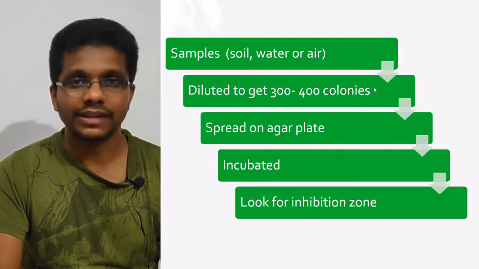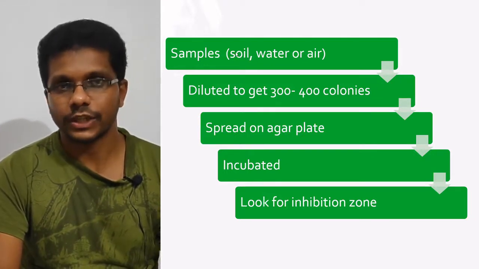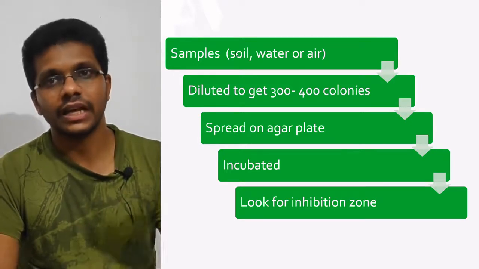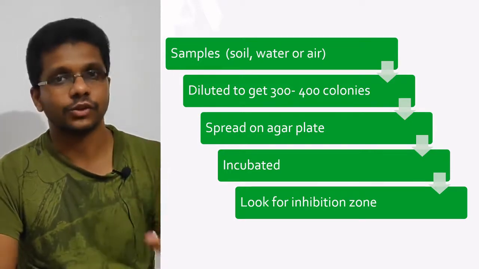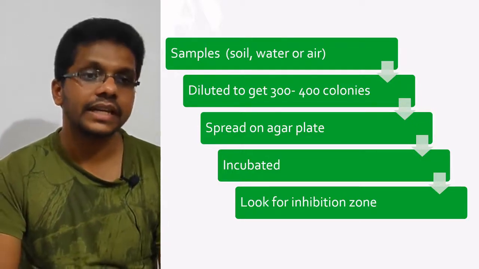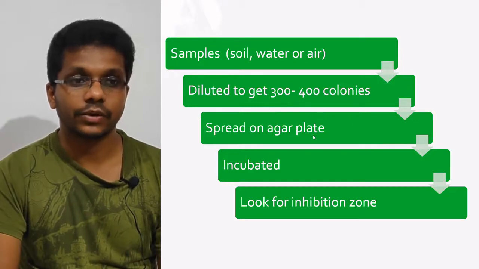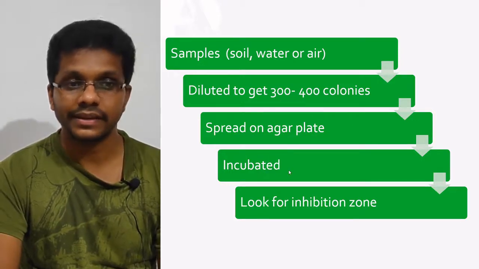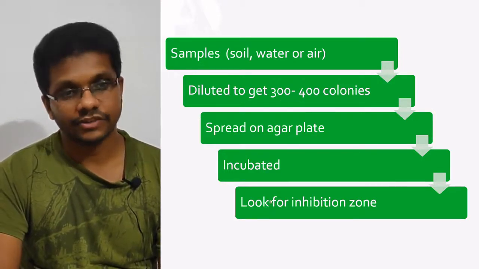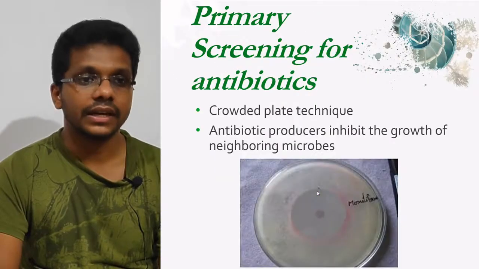Once we dilute the sample, if you are taking soil, you already know, we will weigh the soil and dissolve it in water and then go for serial dilution. Then after dilution, we'll spread it on an agar plate, then incubate it, and after incubation, we'll look for zones of inhibition.